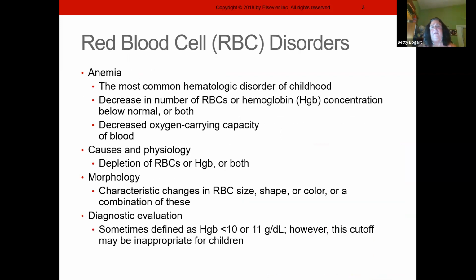So as I said, iron deficient anemia is number one of all of the anemias, and there are other anemias. We're going to go into them. Think about what anemia means. Anemia means the red blood cells in the body are decreased, hemoglobin, hematocrit. What does hemoglobin do?